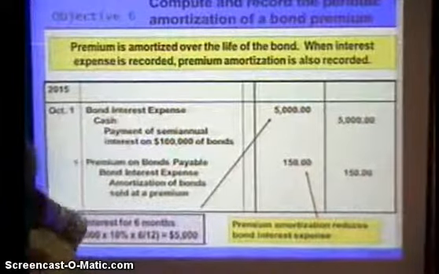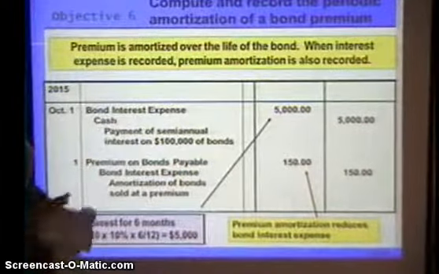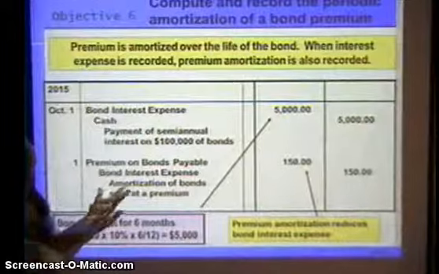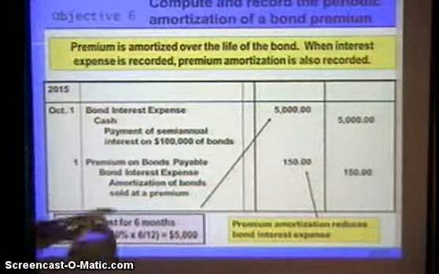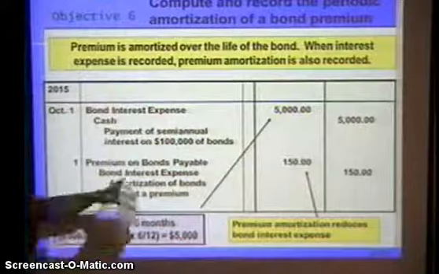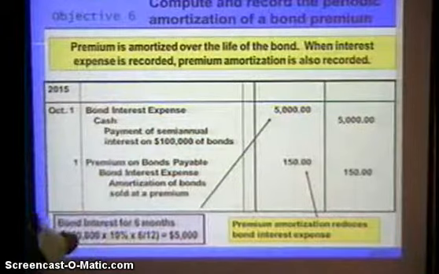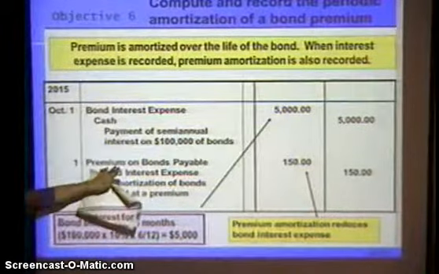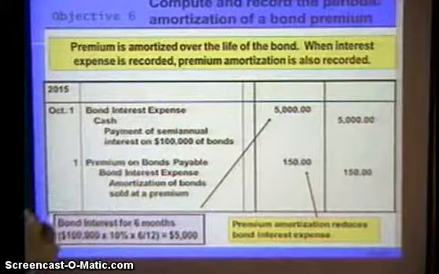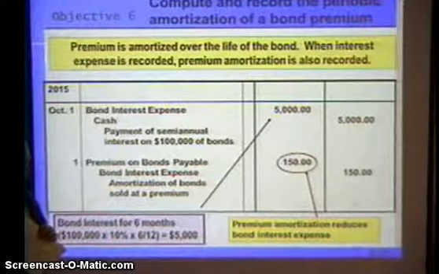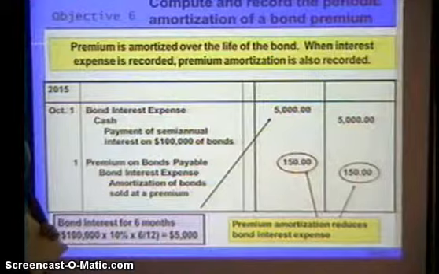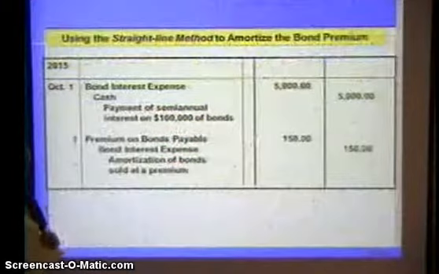So that when we show it on our statement, it's going to show a balance of the difference between the two. So that's what we're doing with the premium. We're steadily taking it down too. Right, it reduces the bond interest. And we're reducing this premium account. Okay. All right. Got it? Okay.